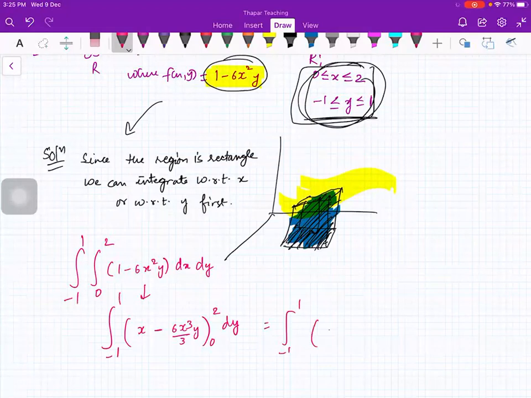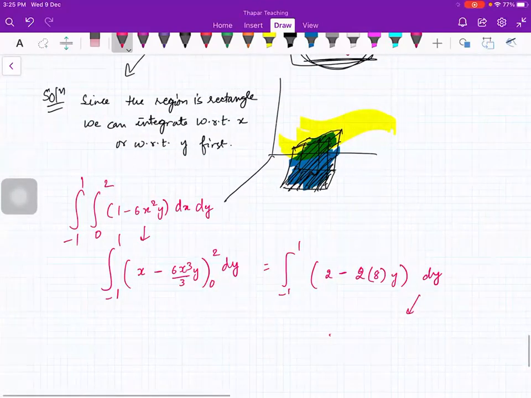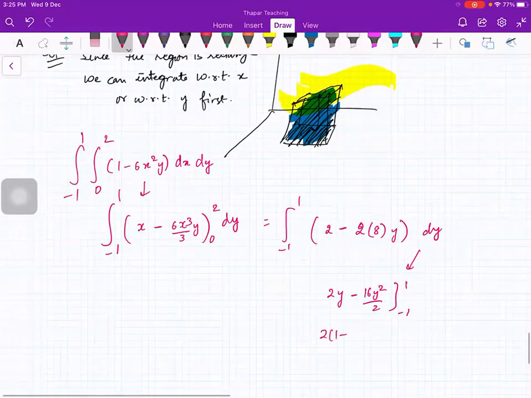X is 2 minus 6 by 3 is 2. So 2, you will put 8 y dy, right? Now you integrate with respect to y. So you'll get 2y minus 16y squared by 2, from -1 to 1. So this is 2 times (1 minus (-1)) minus 8 times (1 minus 1). So this is 4. 4 is your answer.